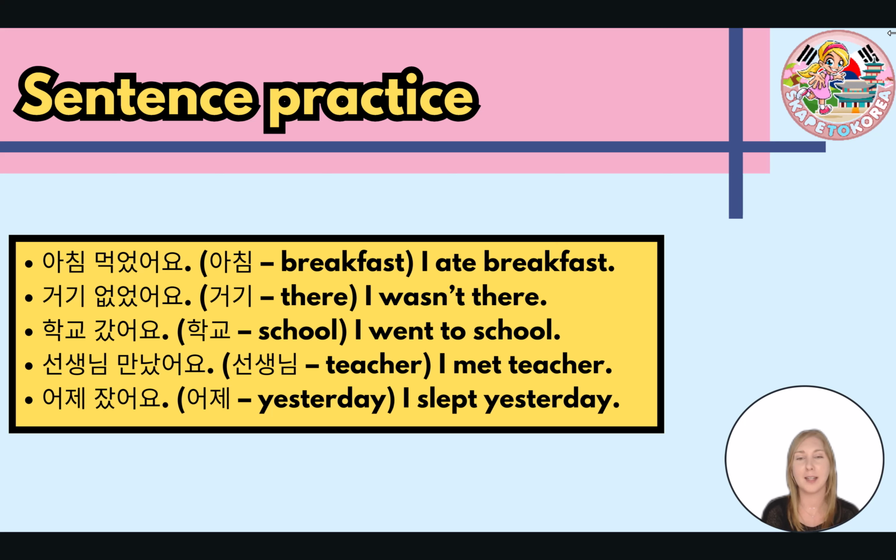And I think it's really good to get students used to that from the beginning, because if it's so obvious that you're talking about yourself, then you can easily just drop I and say the rest of the sentence, which is why you can add 저 아침 먹었어요, 저 거기 없었어요. Yes, you can, okay? But that is not how Koreans necessarily speak.